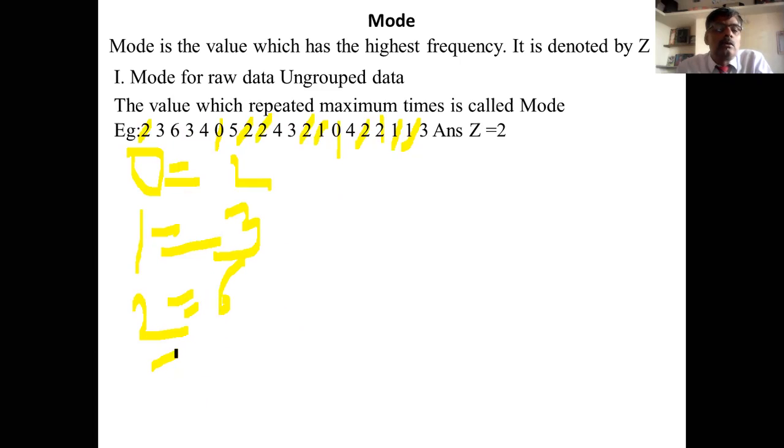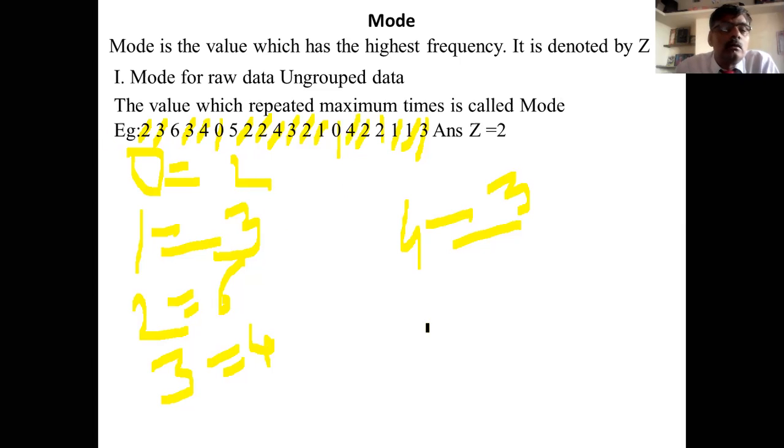Okay, come to 3. How many 3s are there? 1, 2, 3, 4. There are 4 threes. Come to 4. 1, 2, 3. 4s are 3.